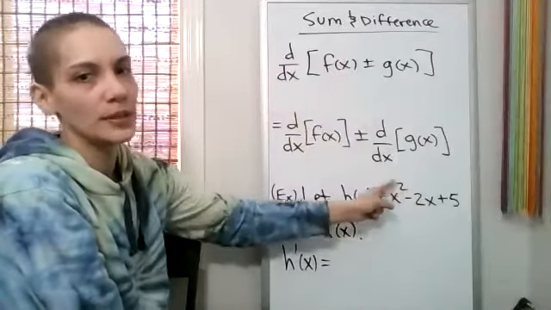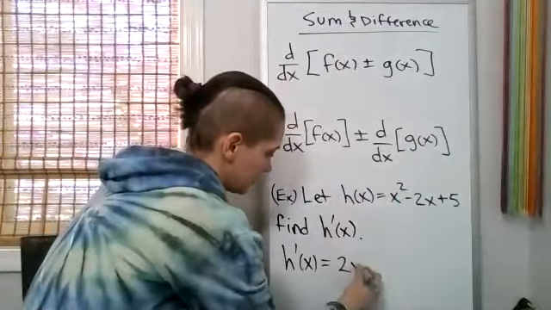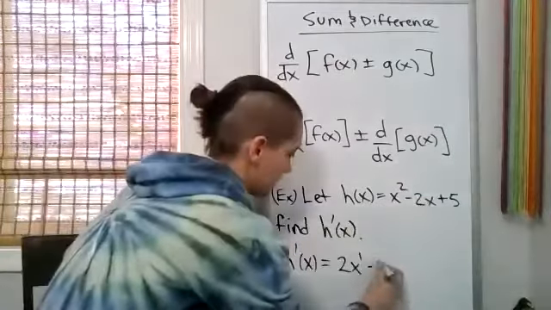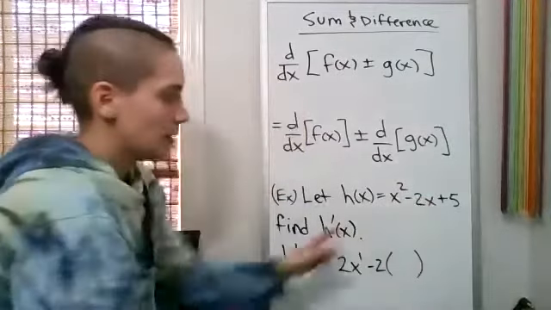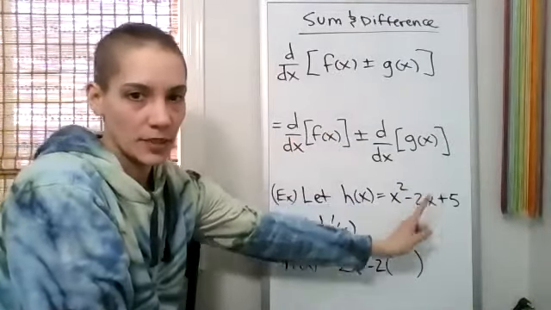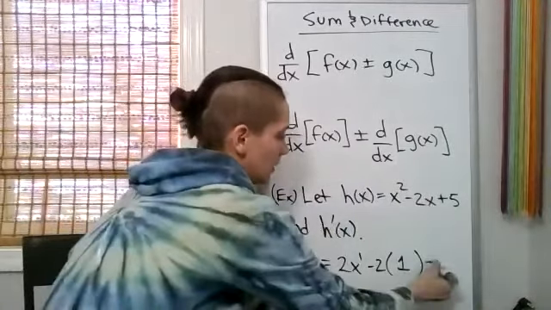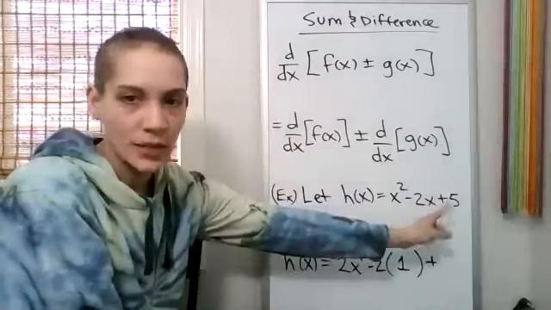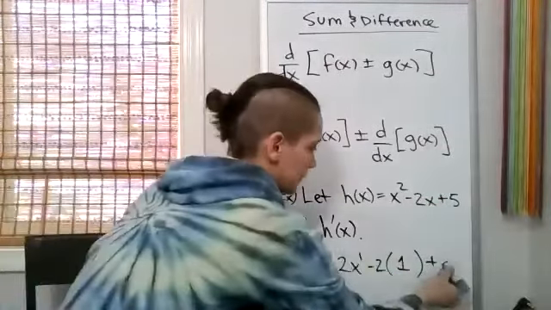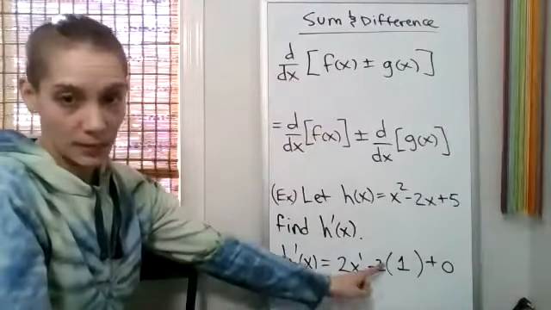First one has a power rule, 2x with the power 1, minus 2 times the derivative of x with power 1, so 1 times x to the 0, which is going to be 1. And you have a constant at the end. We talked about this. The derivative of a constant will be 0. So in the end, I have 2x minus 2.